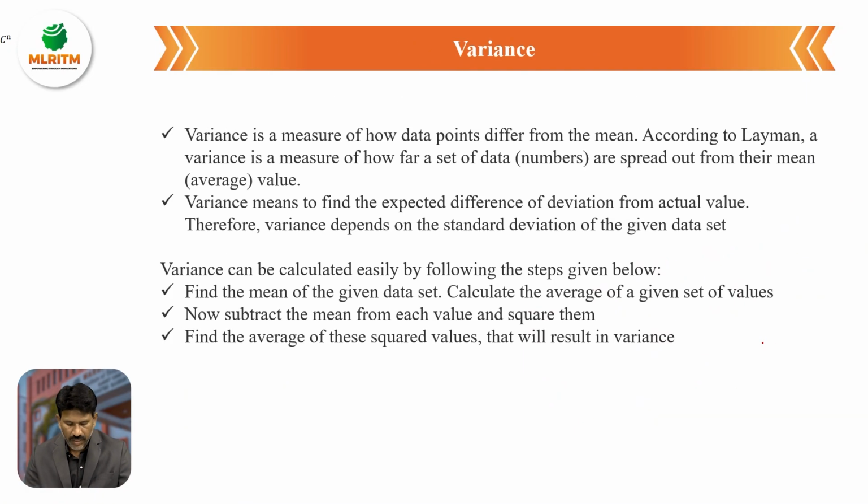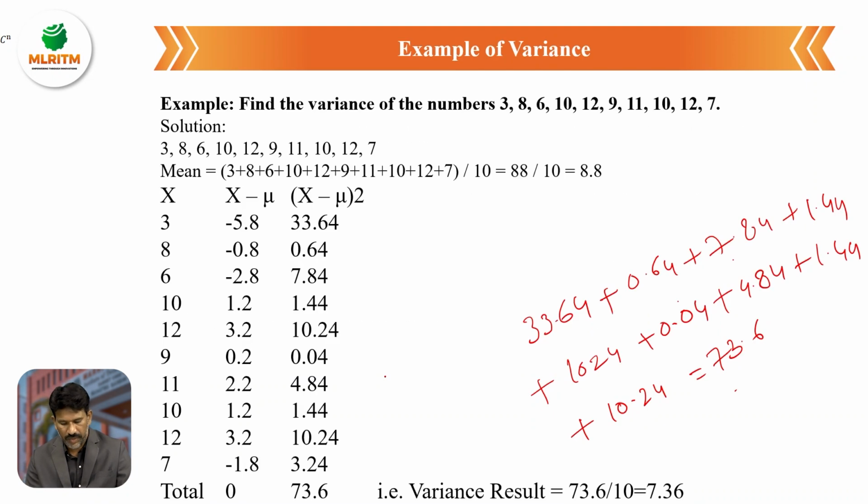So this is the sum of the values. Then you have to divide by the total number of values, by 10, so you'll get 7.36. So you'll get the variance.